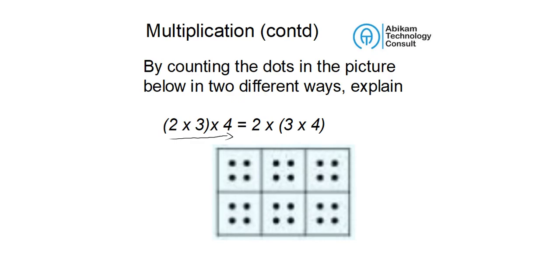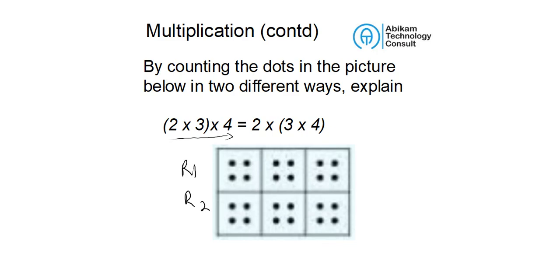Now, when you look at this figure, in what way can you count it systematically? One way you can do that is, we have 2 rows, row 1, row 2, and for each row, what do we have? For each row, we have 3 squares.